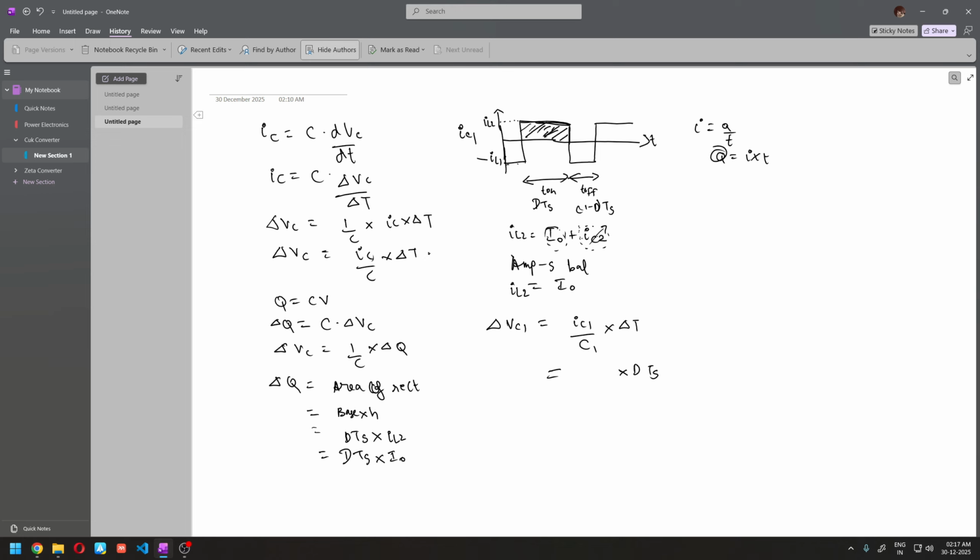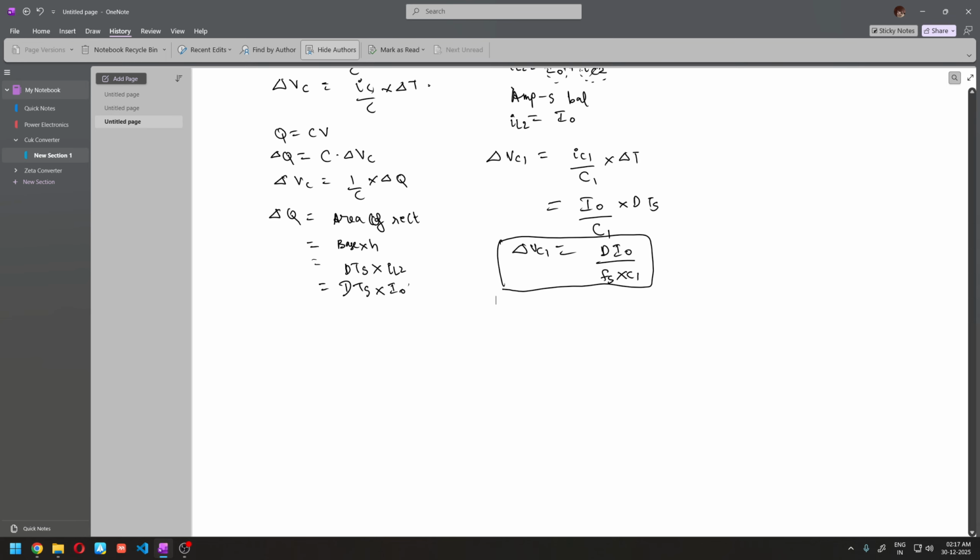We could use this equation or this, it would result in the same thing. So just substituting I naught here, divided by C1. Similarly, let's take this down: d I naught by Fs into C1. So that is the final equation for your capacitor voltage ripple, delta Vc1, for the first coupling capacitor, as they call it.